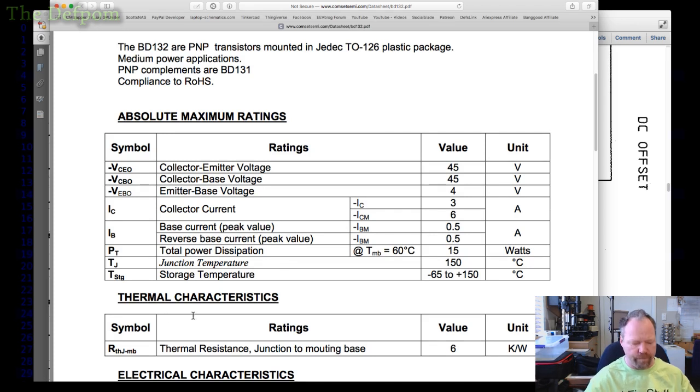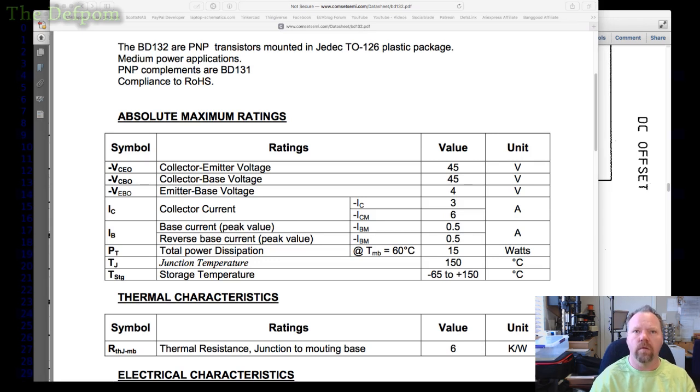45 volt. The PNPs as well. I've got BD, sorry, what numbers, I'm careful. We've got BD139, BD140.